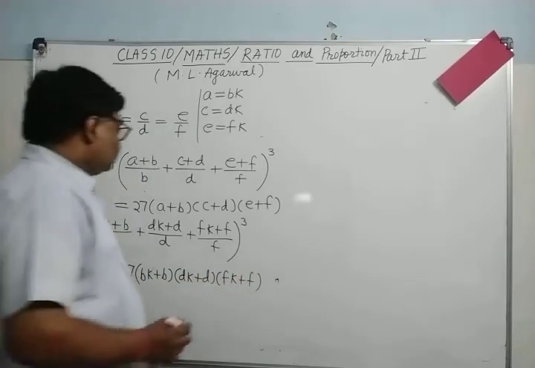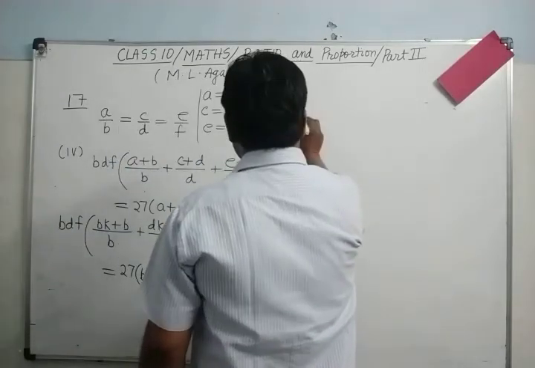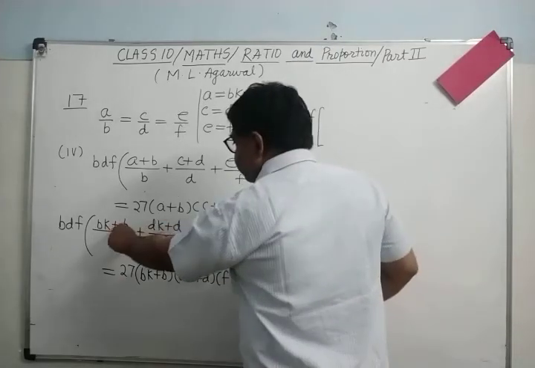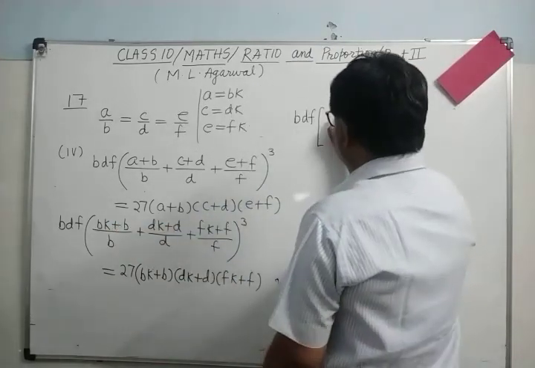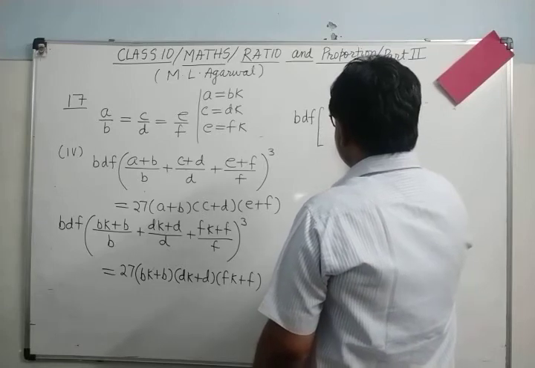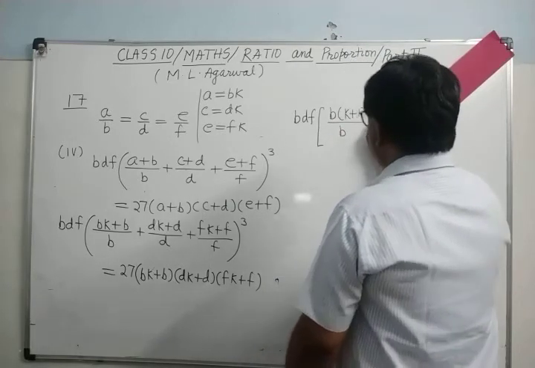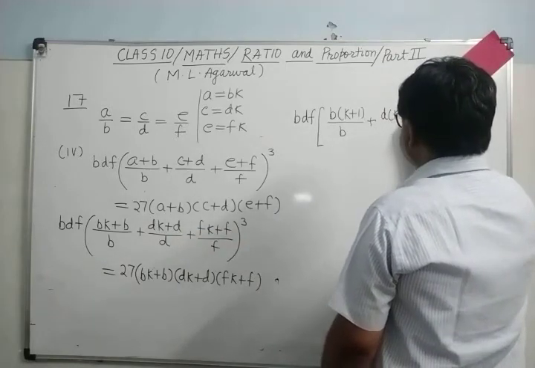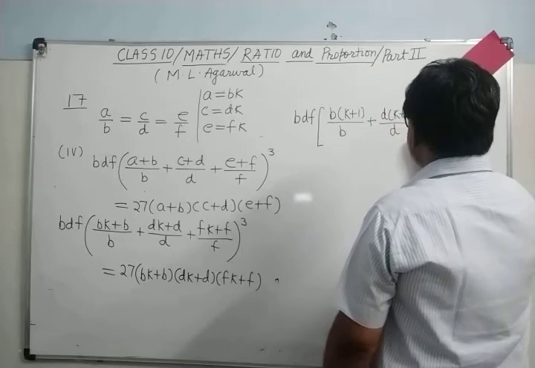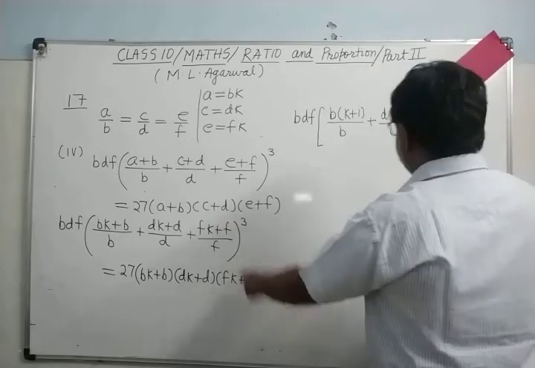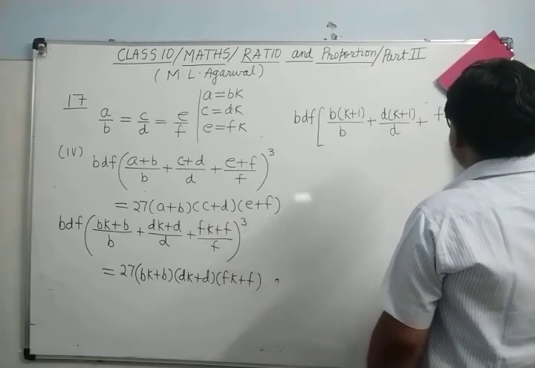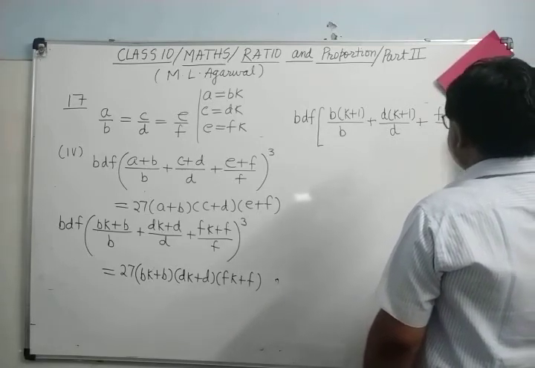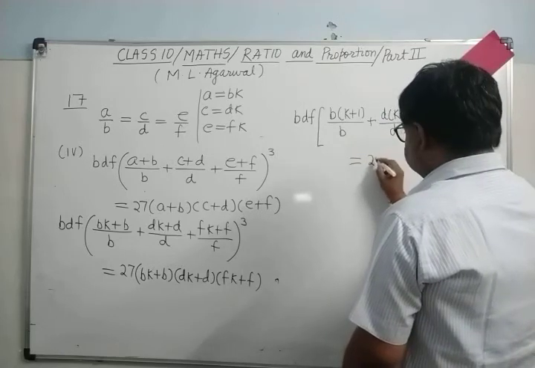Now you simplify this. So BDF, you put a big bracket here. When you take out B common here, within the bracket what will you get? K plus 1. Denominator is B. Then when you take out D common, K plus 1, denominator is D. And then F, K plus 1 upon F, whole cube equals 27.